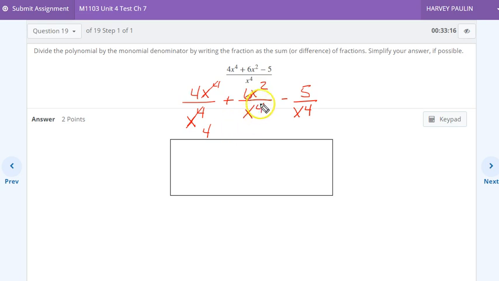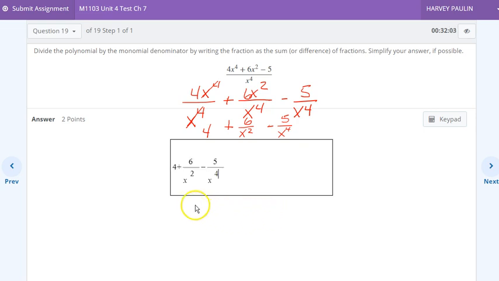Here, 2 of the x's will cancel out, so you're left with plus 6 over x squared, minus, nothing cancels out here, so this is 5 over x to the 4th. And then putting that in here is 3 separate terms.